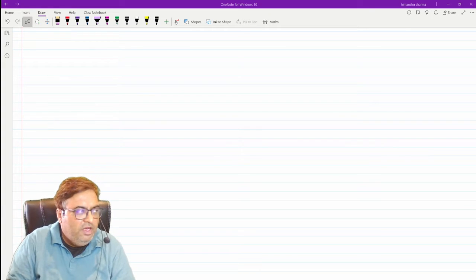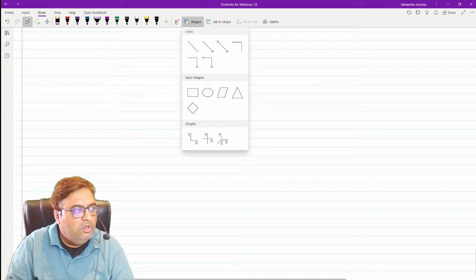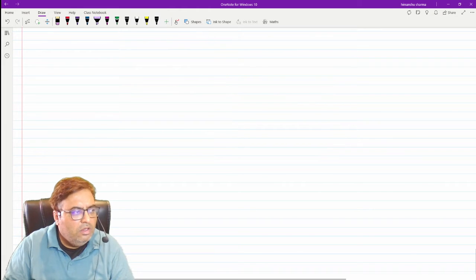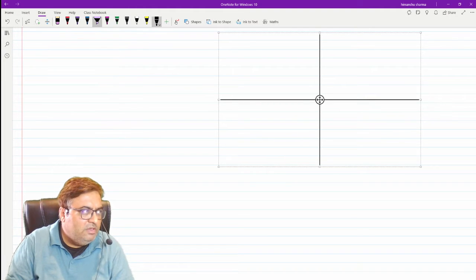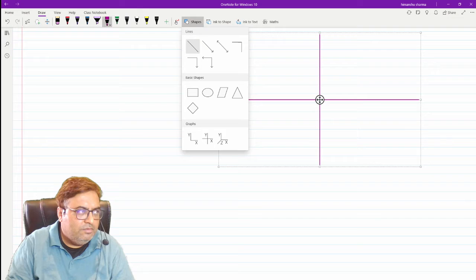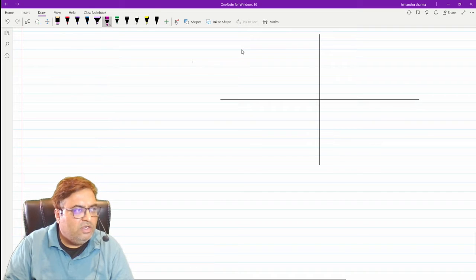So now in order to move forward, we have to understand some definitions. What are those definitions? Okay, so let's say this is the coordinate system. Now normally, any line will intersect the two axes.